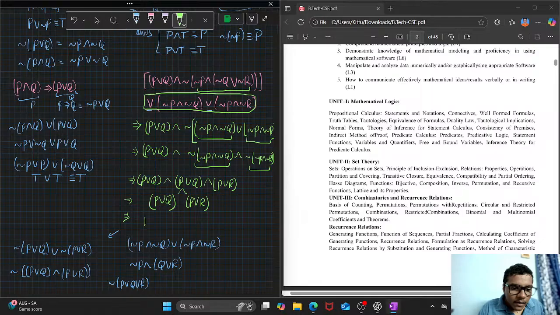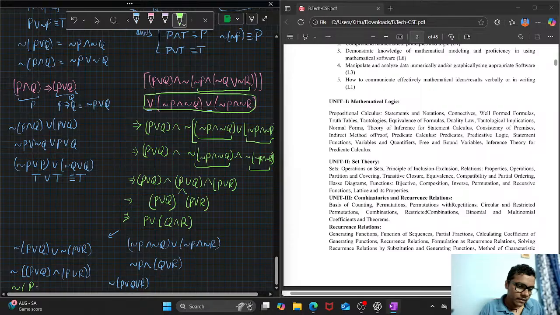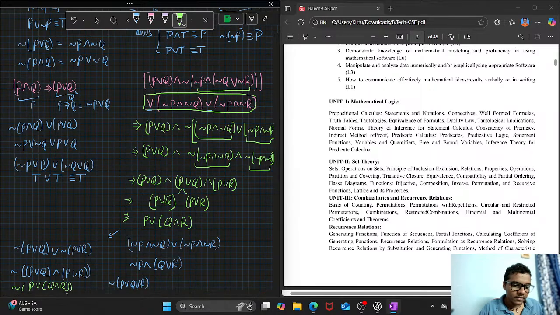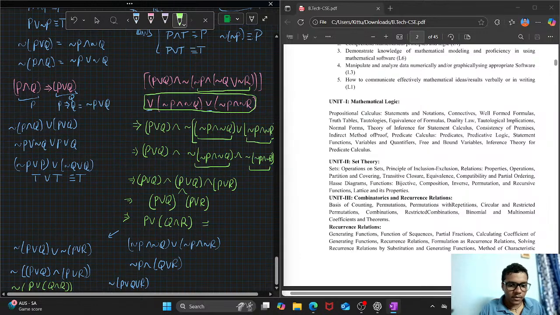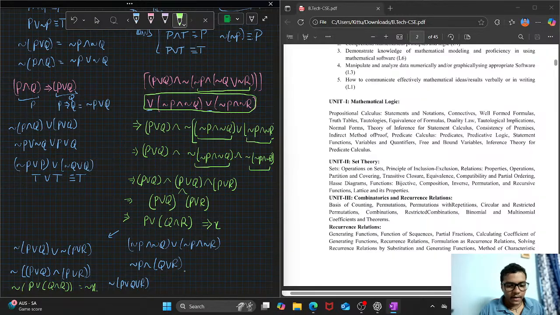So the P or R is common, Q and R. This is what you got. And if you look here, negation of P or R, Q and R. If you think of this whole thing as X, then this is negation X. And X or negation X is always true. That means this is a tautology.